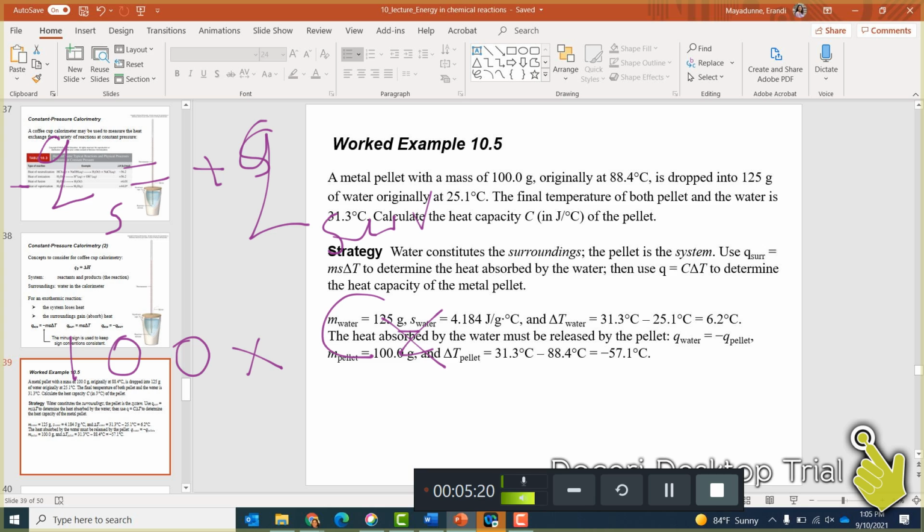So delta T is final minus initial. The final temperature would be 31.3.